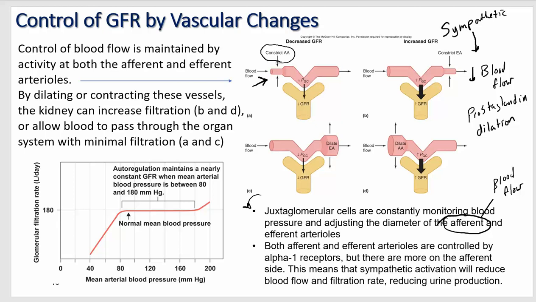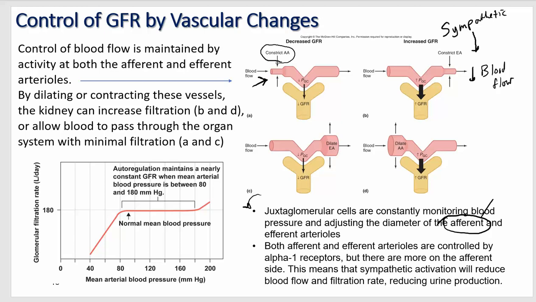They preserve movement of blood through the kidneys. Okay. So we're going to mention that later when we talk about how things like NSAIDs, which block prostaglandins, can lead to kidney damage. But I just wanted to say it because the prostaglandins are helping prevent that sympathetic damage. So it works together.